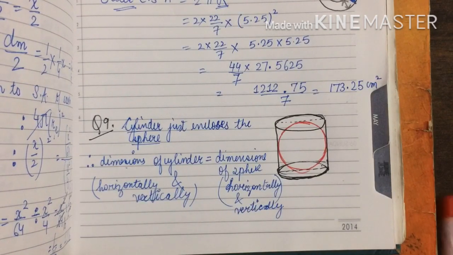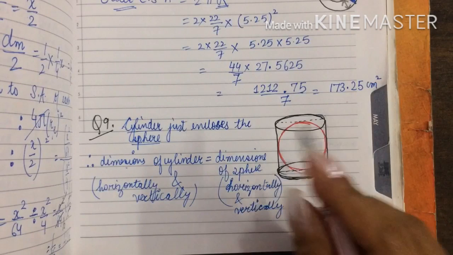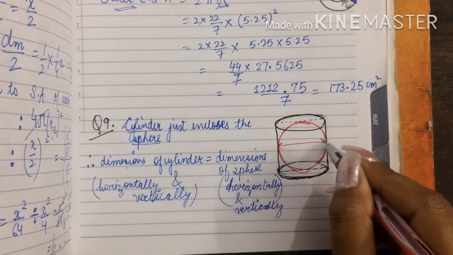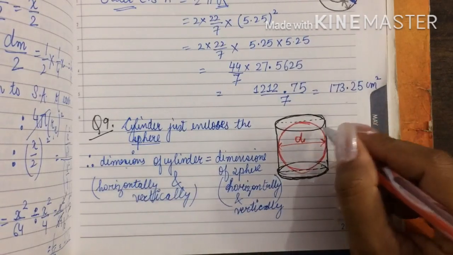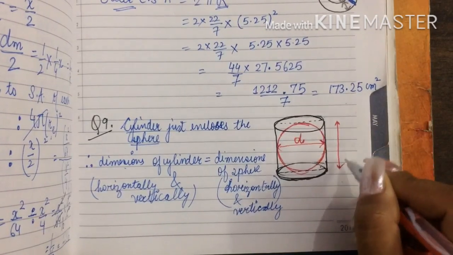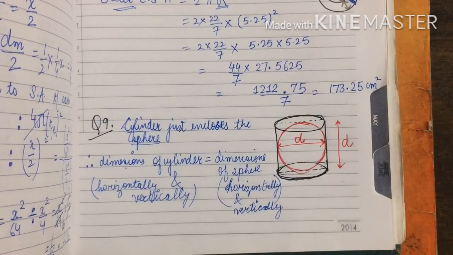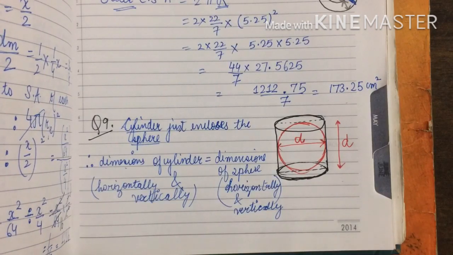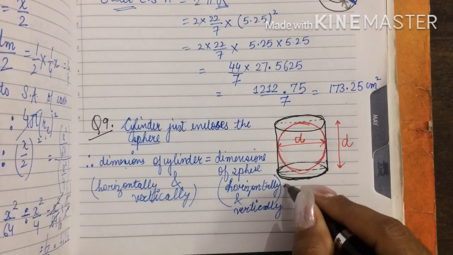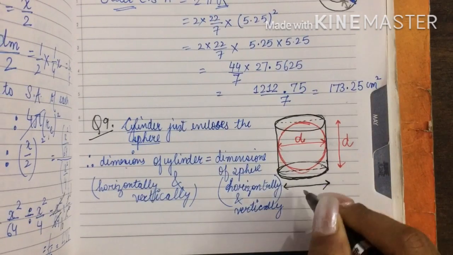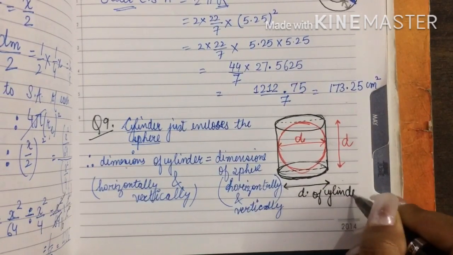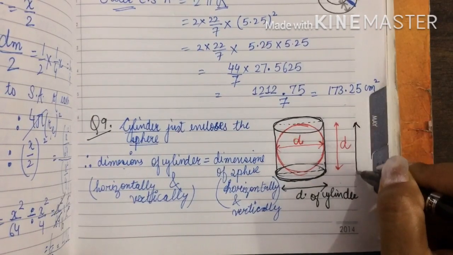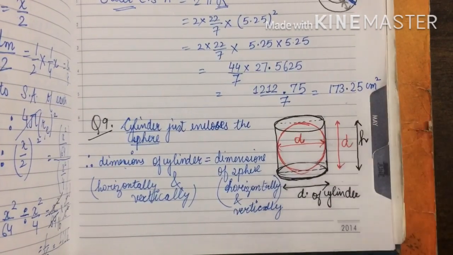So if I measure the size of the sphere horizontally across, this will be the diameter, and if I measure it vertically, this will also be the diameter. In the case of the cylinder, if I measure it across, this will be the diameter of the cylinder, and vertically it will be the height of the cylinder.